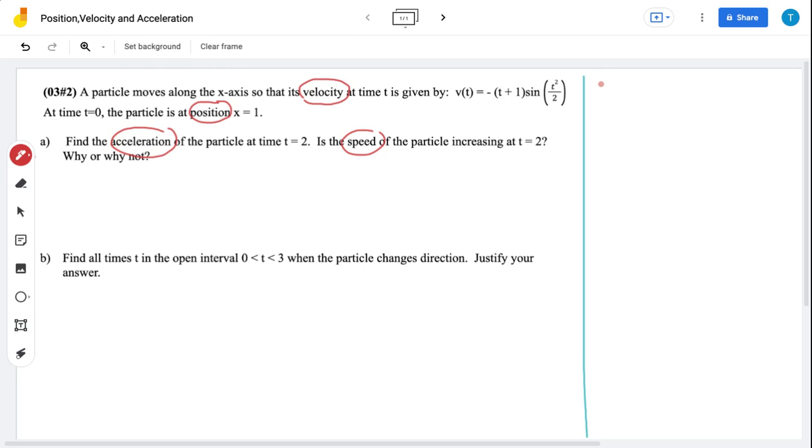Let s be the position function, then v(t) is the velocity function, and a(t) is the acceleration function.